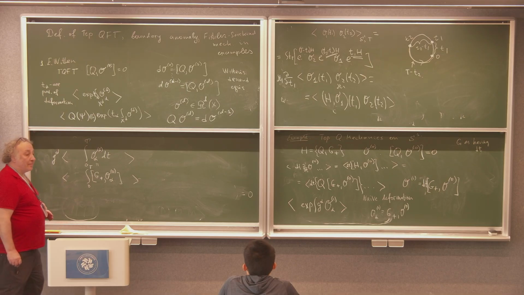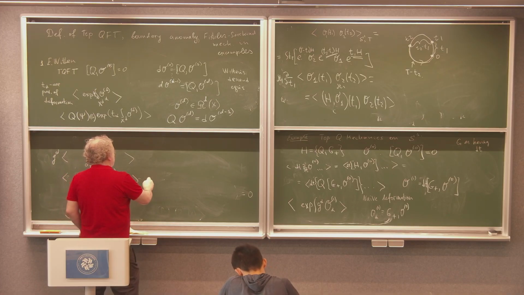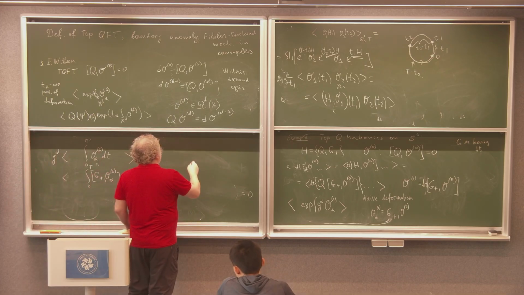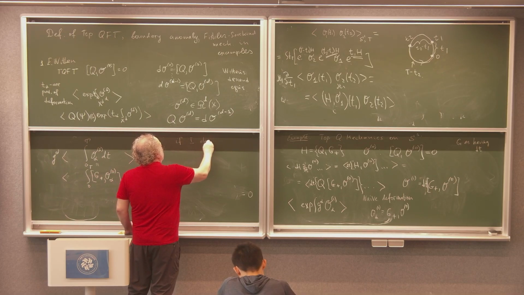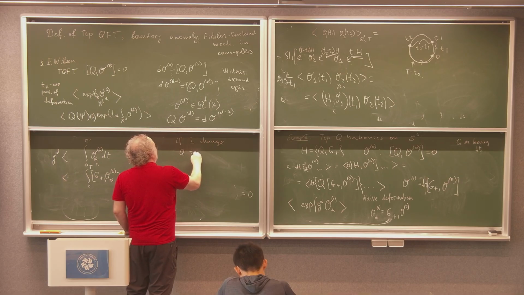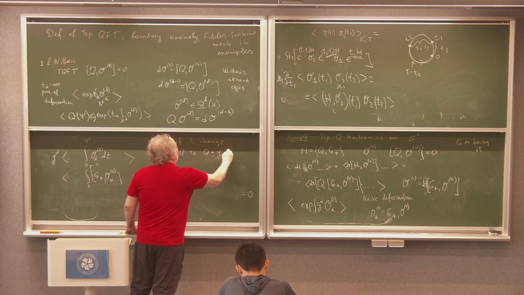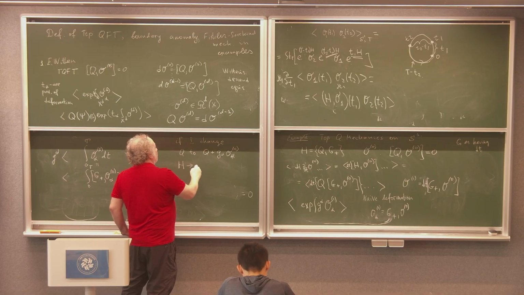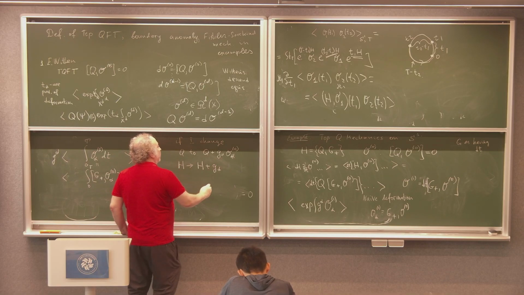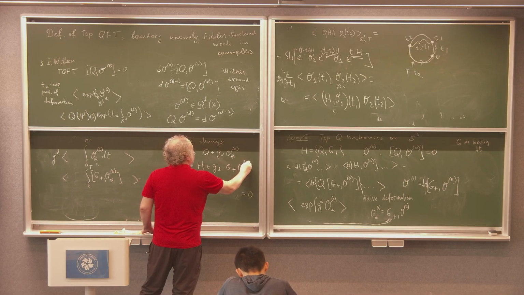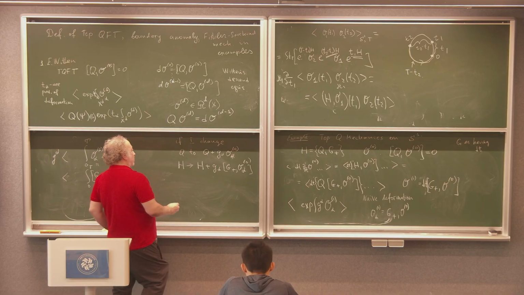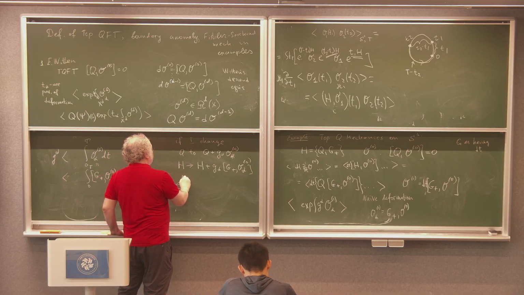And now an observation. If I change Q to Q plus g alpha O alpha, then the Hamiltonian would be changed to H plus g alpha G plus O alpha. Now, what would happen to the e to the t h?